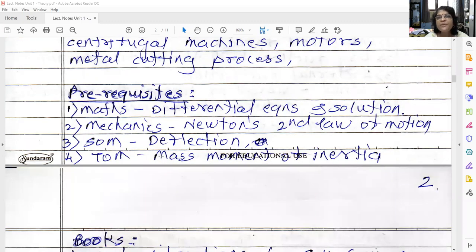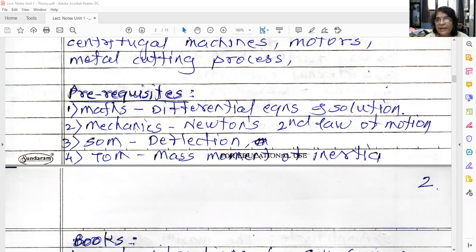Now, what are the prerequisites for this subject? Basically, out of 6 units, 5 units are based on vibrations, and 1 unit is based on balancing. For all these, mathematics is required, wherein differential equations especially and their solution are required for all types of vibrations.